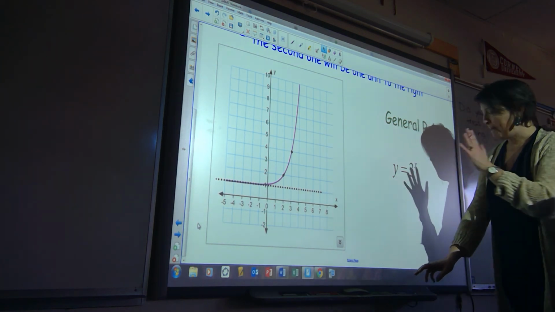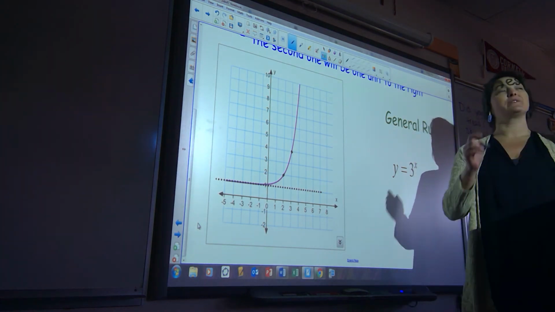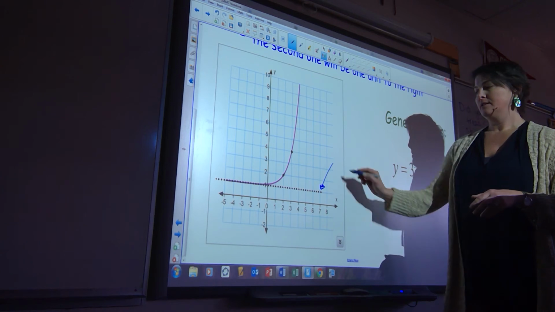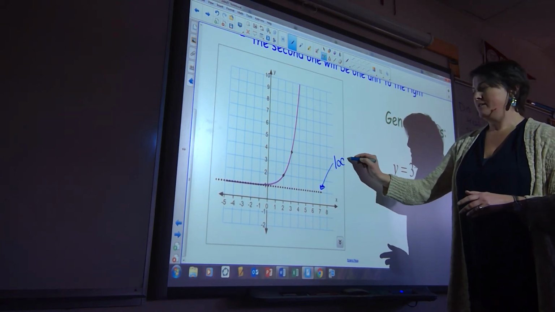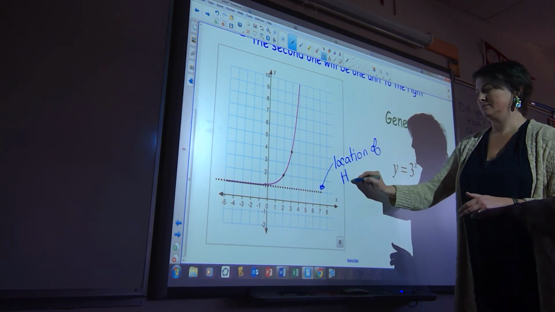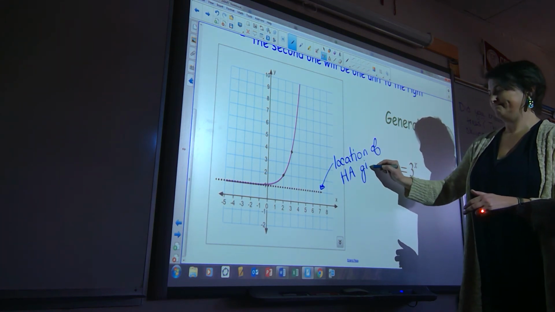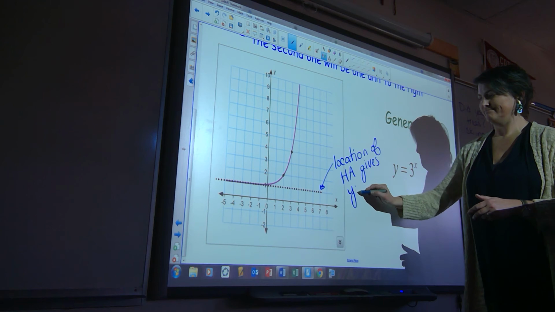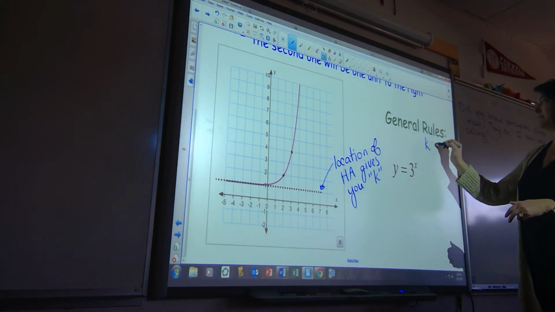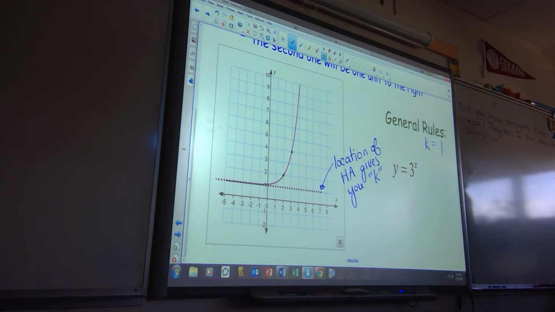So when we do that, what you want to look for next are some of the key pieces. Like this one right here is the most obvious. The location of the horizontal asymptote gives you K. So K in this equation is going to be 1.